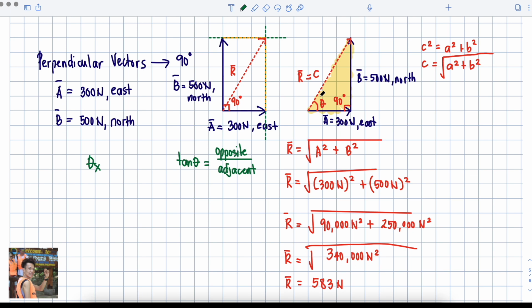Now, with this theta, the opposite side of the triangle is the side facing the angle.